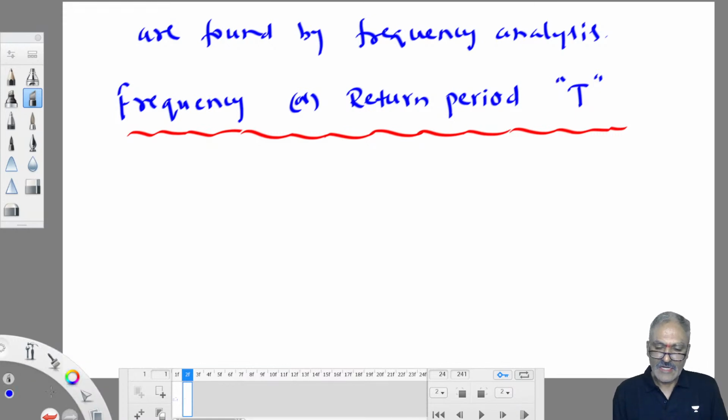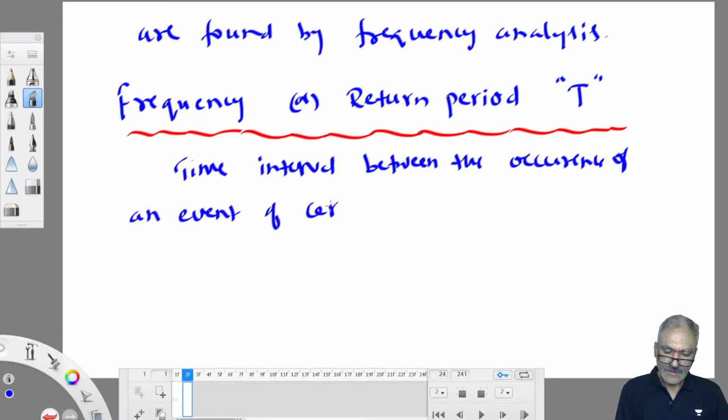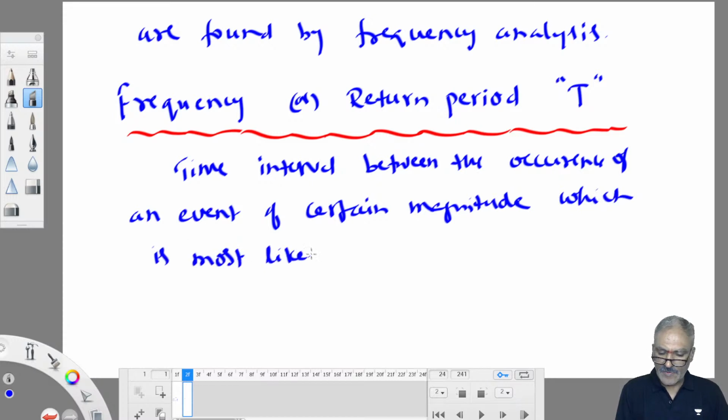So frequency or return period is the time interval between the occurrences of an event of a certain magnitude which is most likely to be equaled or exceeded. Most likely to be means what? We are applying a probability concept.